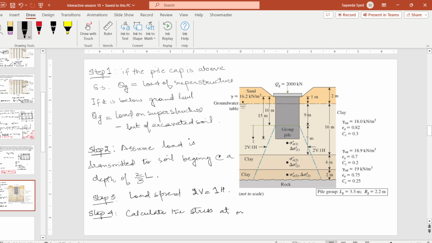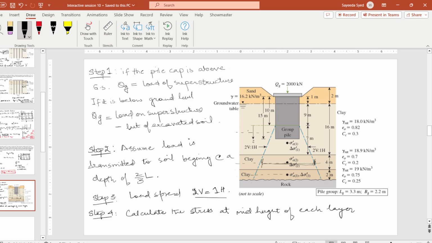So we have to calculate here, here, and here. We know the Q and we just need to know the area here, and then we divide the load by this area, and that will be the stress here. This two vertical to one horizontal spread is in both directions.